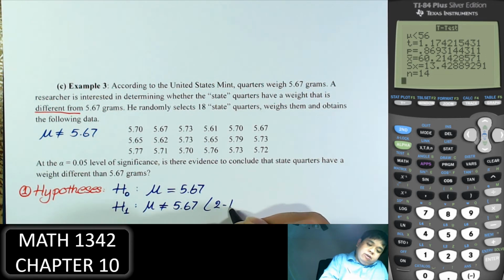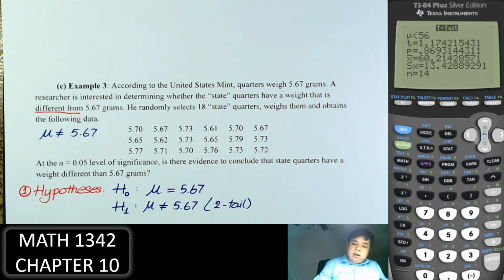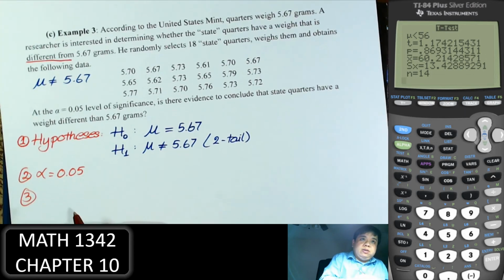This is the two-tail. Right, alpha 0.05, and then the computation.